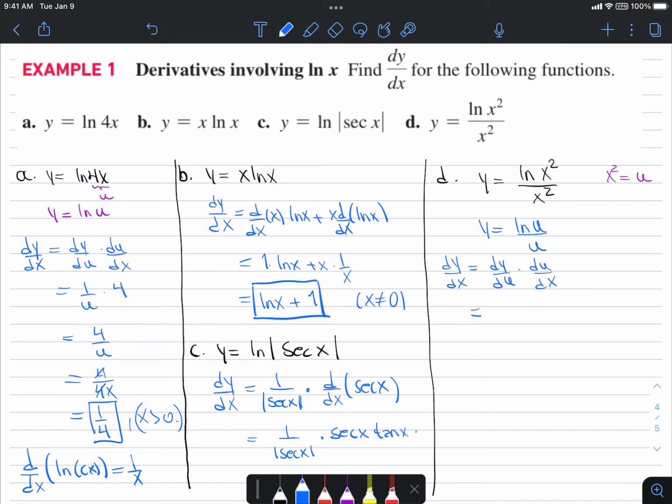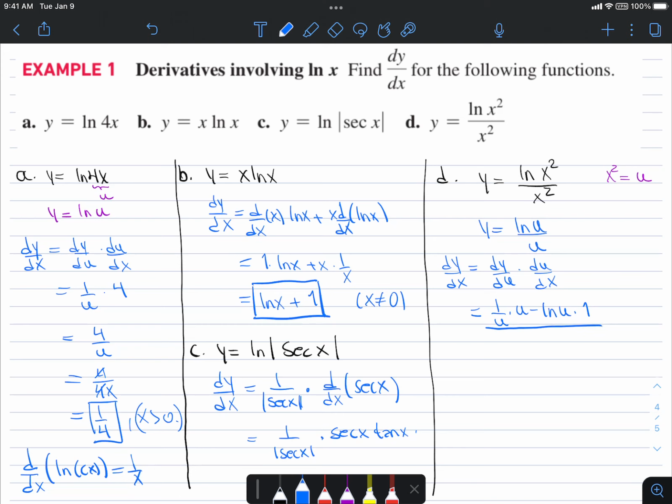So dy du, that will be quotient rule here. So that is the derivative of the first, 1 over u, times the second minus the first times the derivative of the second. So the derivative of u is 1, because we're deriving it with respect to u.